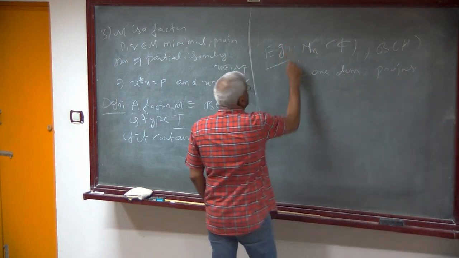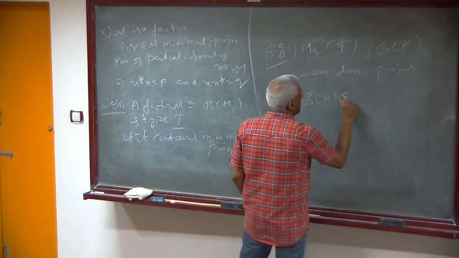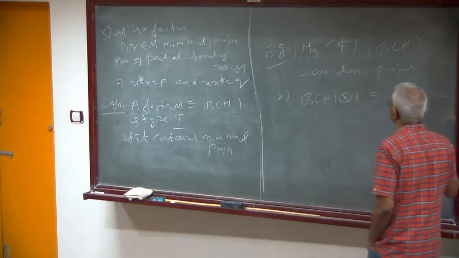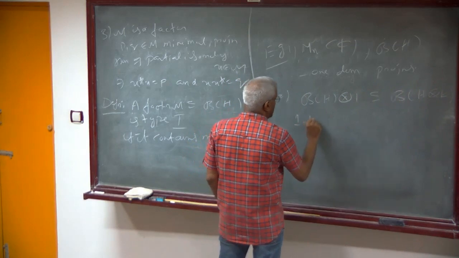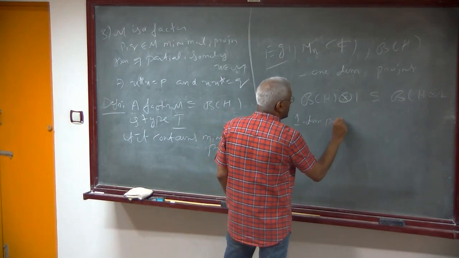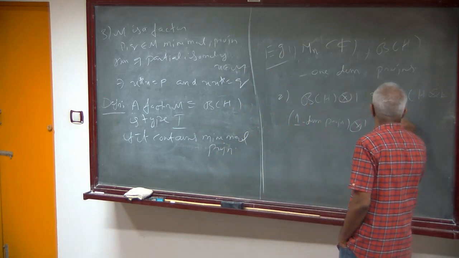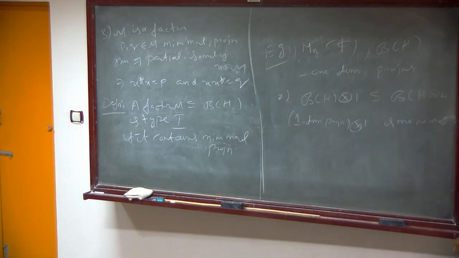Another example is you take B(H) tensor 1 contained in B(H) tensor B(K). Here you take any one-dimensional projection tensor 1, which is minimal, and of course they are the only minimal projections.